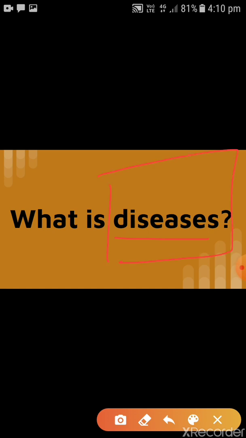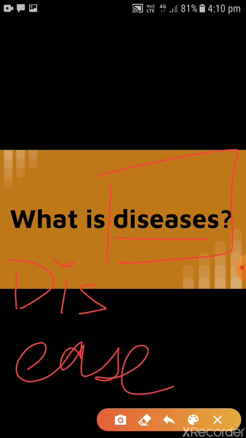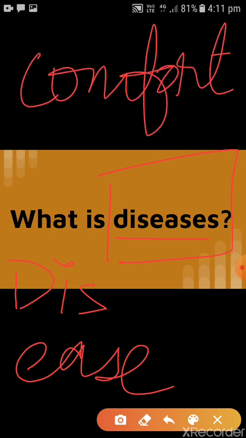This word disease contains two individual words: first is dis and second is ease. Dis means disturbed and ease means comfort. So with the word disease we are saying that our comfort is disturbed. When your comfort is disturbed, it is called disease.